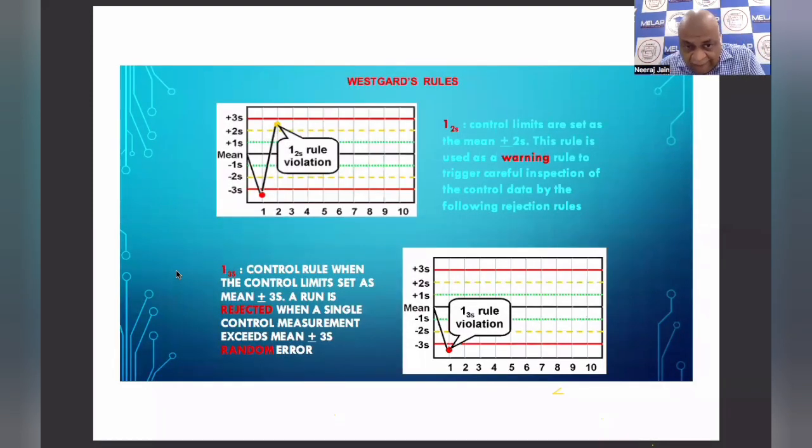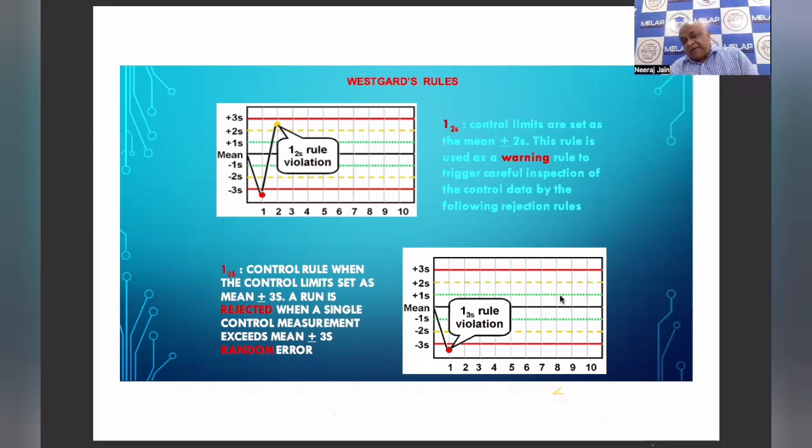suppose one value is beyond 3 standard deviation. Look at this lower value. If one value is beyond 3 standard deviation, it is highly different from the rest of the values.